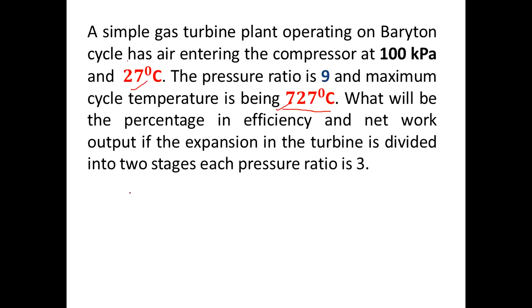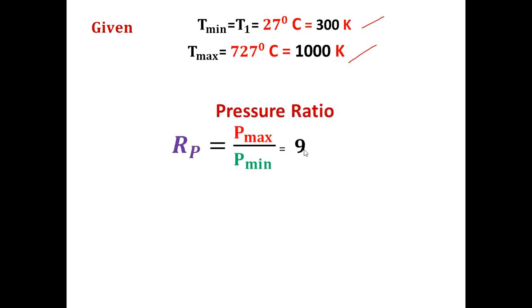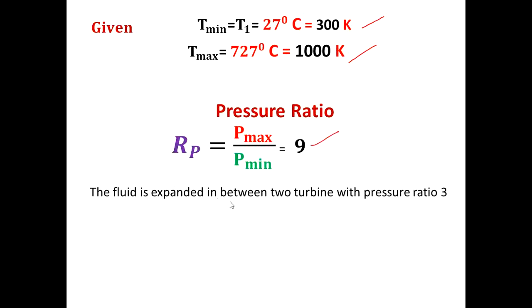The temperature limits are given like this: T1 27 degrees Celsius, T maximum 727 degrees Celsius. That will be converted into Kelvin. Pressure ratio is given as 9. The fluid is expanded between the two turbines with pressure ratio 3.